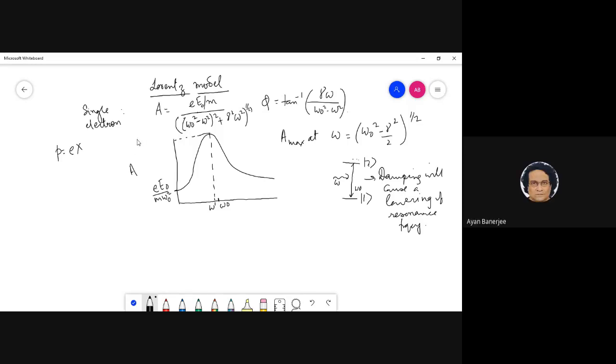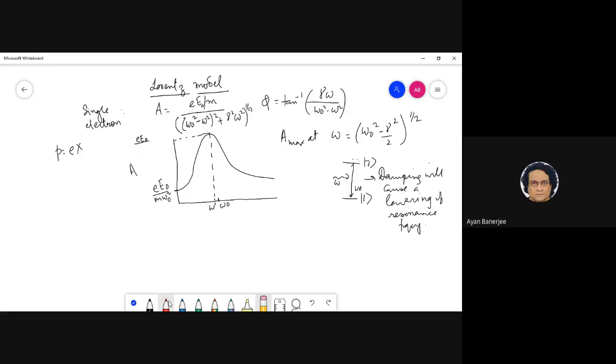Come again. E naught by M, divided by gamma into square root of omega naught square. Yes, M gamma into square root of everything will be in the denominator.